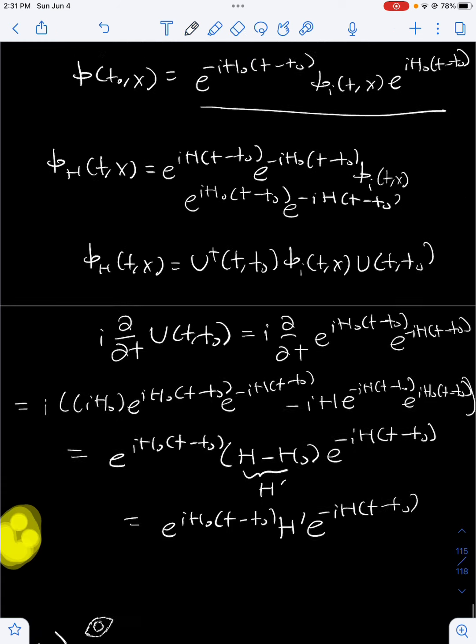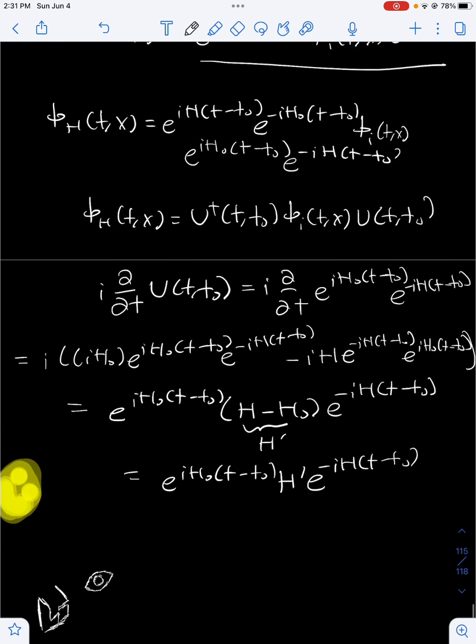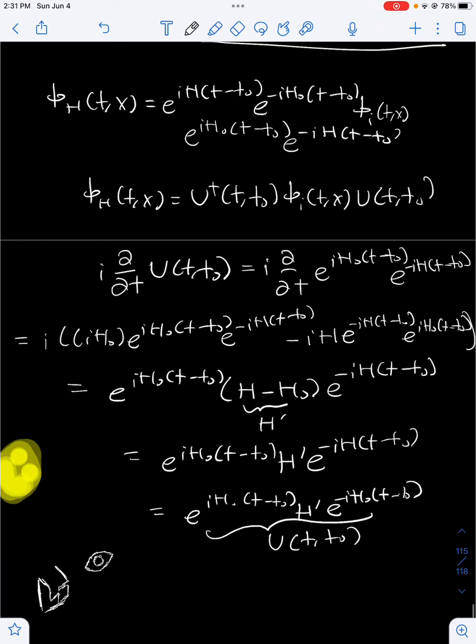If you were to expand out the Hamiltonian, you would end up getting e to the i H naught (t minus t naught) H prime e to the minus i H naught (t minus t naught), and then times the unitary operator. You get the same thing out again.